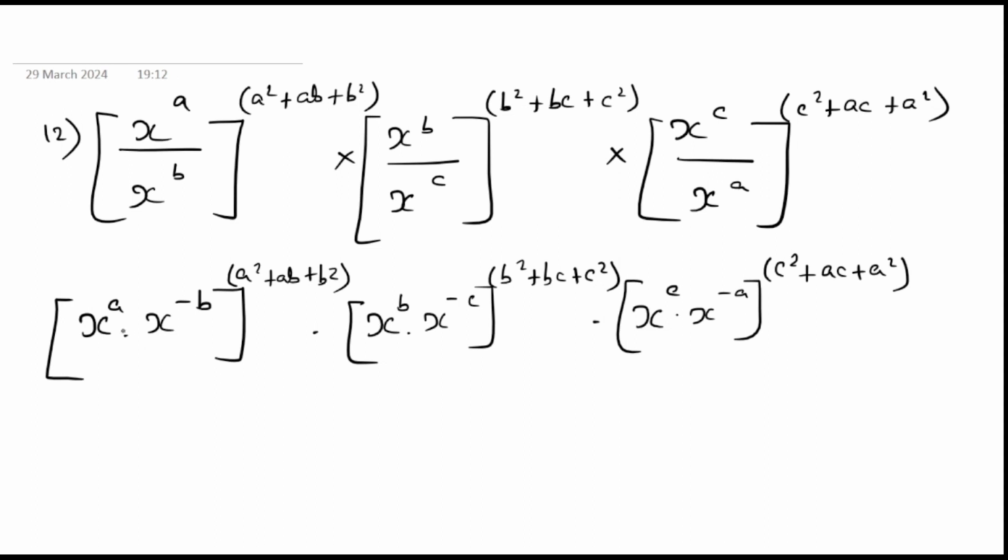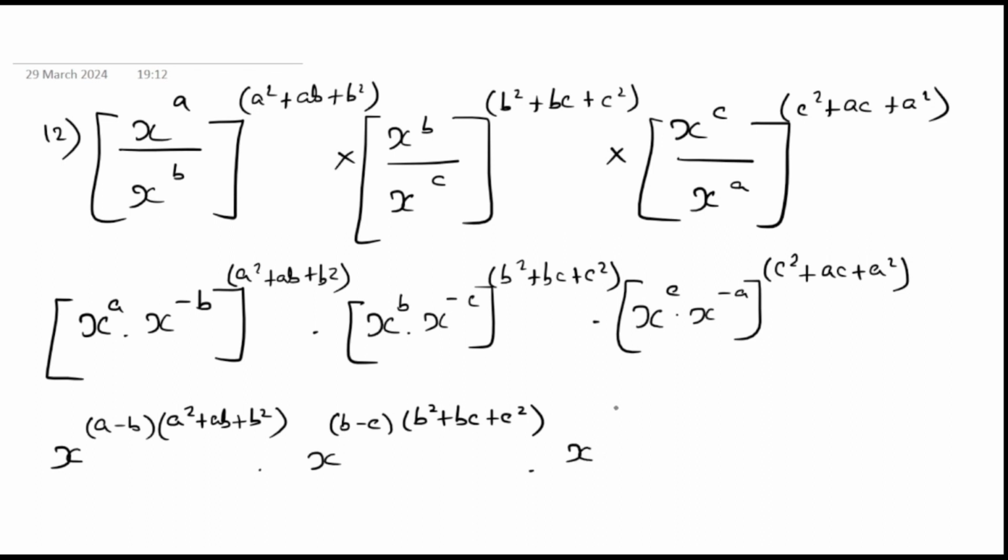Now here the bases are same, so the powers can be added. So this will become x^(a-b) into (a^2 plus ab plus b^2), into x^(b-c) into (b^2 plus bc plus c^2), into x^(c-a) into (c^2 plus ac plus a^2).